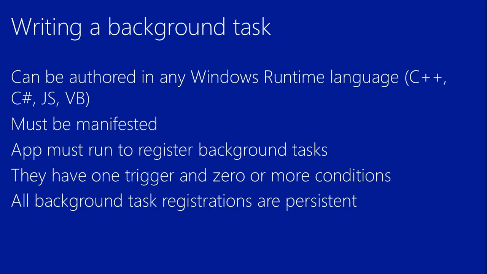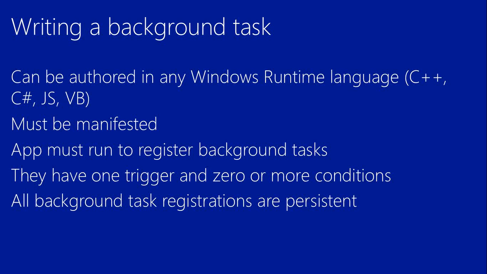Finally, all background task registrations are persistent. Here's an example. Say an application is required to execute a background task after one hour, and at the 20-minute timestamp the system reboots, and the application is not launched or is suspended at this point.